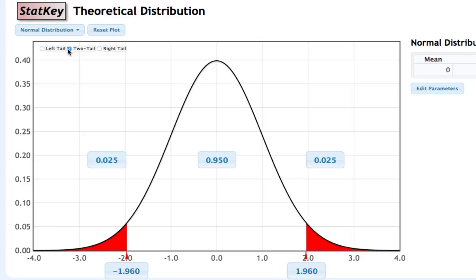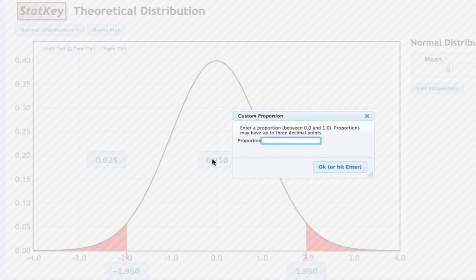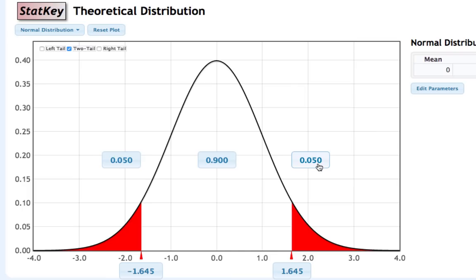But any of these numbers that are blue here, we can change. So maybe we want to find the cutoffs that separate the middle 90% from the outer 10%. We can change this to 0.90. The z-scores that separate the middle 90% from the outer 10% are plus and minus 1.645.